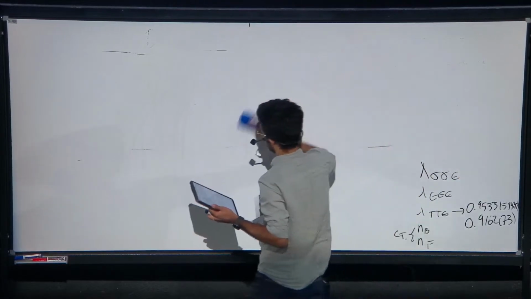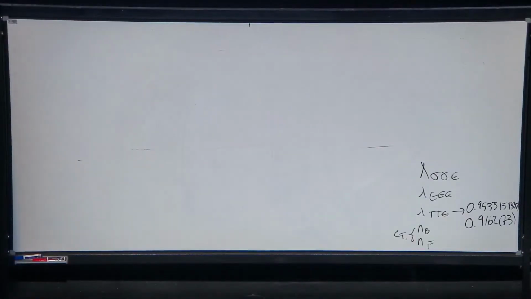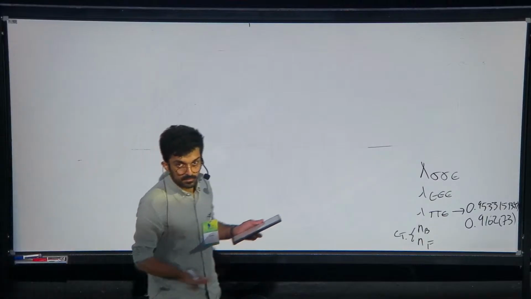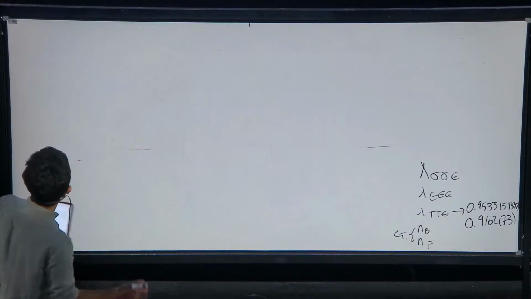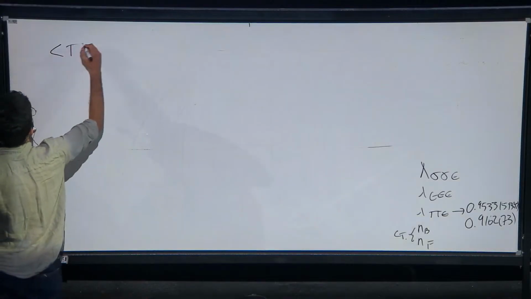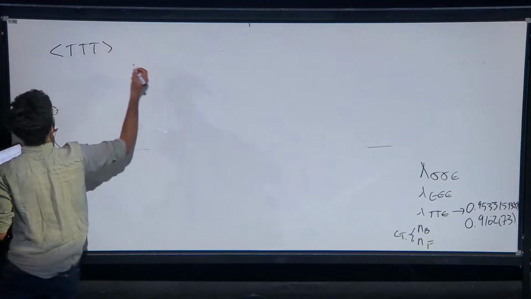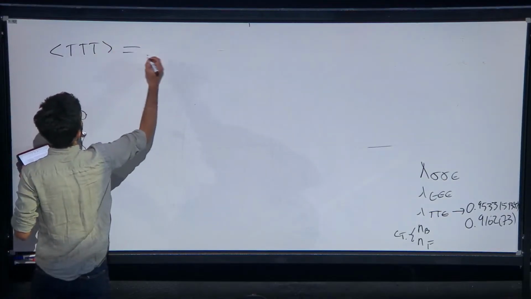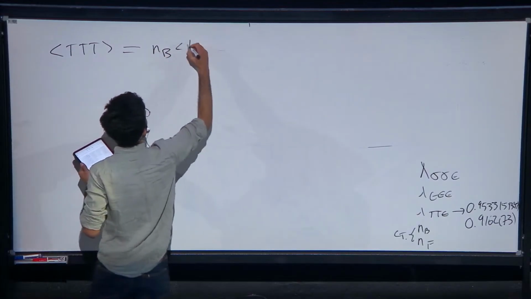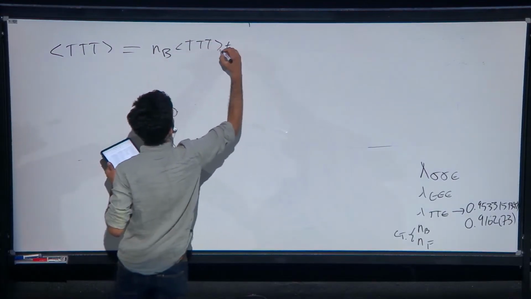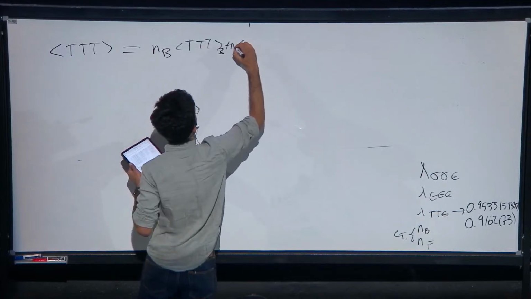We chose a particular parameterization that makes it so that NB plus NF is, roughly speaking, the central charge. But this is a piece of data that we haven't actually studied before in the bootstrap. NB times TTT_B plus NF times TTT_F.